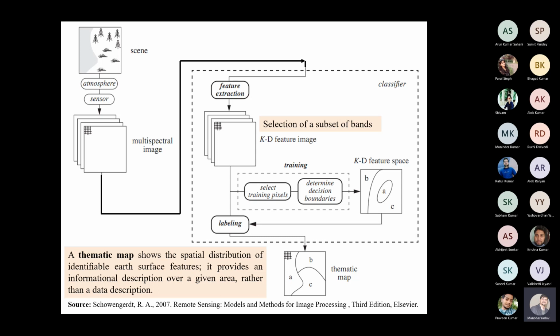What we do further: there are various objects in the image, and we want to generate a thematic map for them. We perform a training. In training, by visualization, we know that if there is a red pixel, this red pixel belongs to which object.